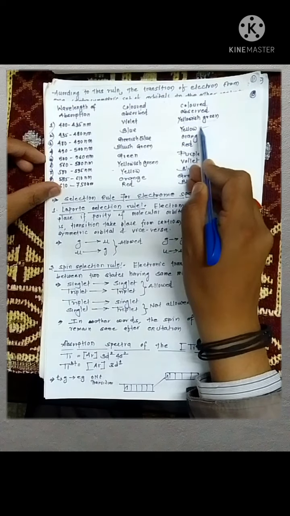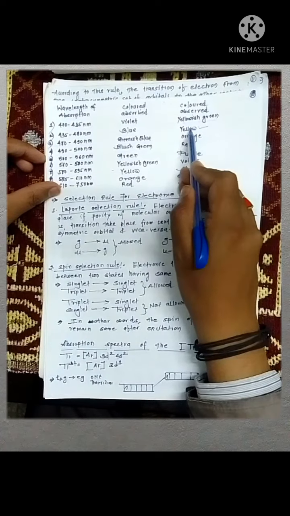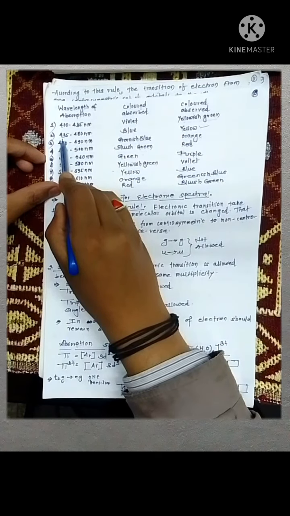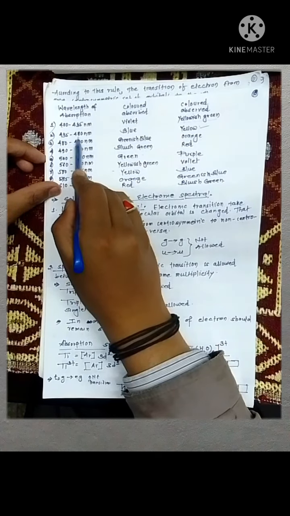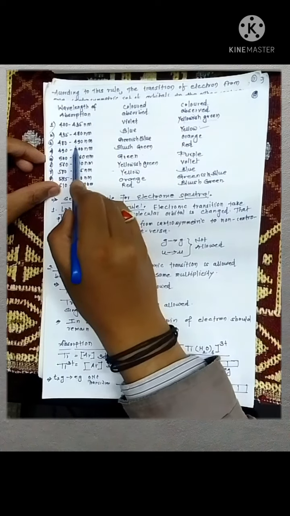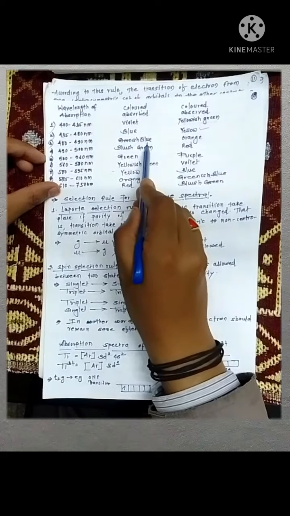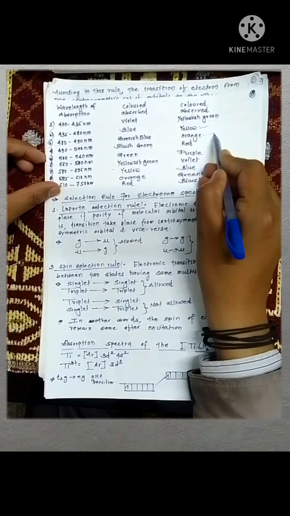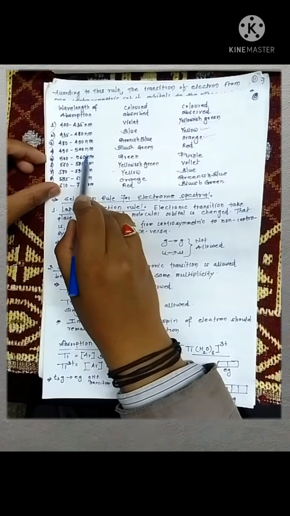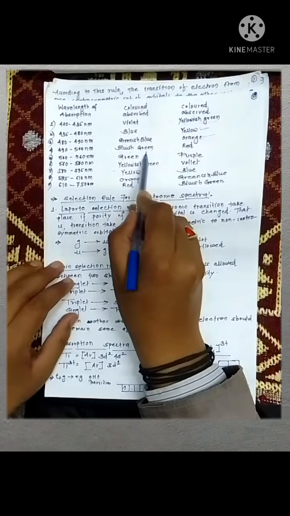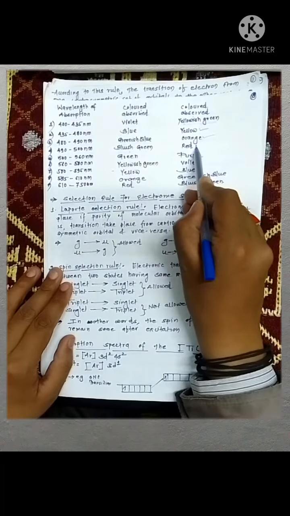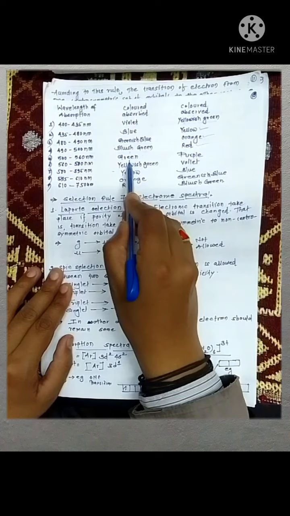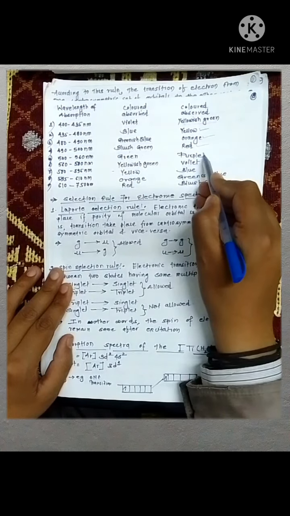When we say this complex looks yellow, that complex basically absorbs the blue radiation in the region 435 to 480 nanometer. 480 to 490 nanometer corresponds to greenish blue color absorbed, and the complementary color seen by the observer is orange. 490 to 500 nanometer, bluish green light is absorbed and the color seen by the observer is red. 500 to 560 nanometer is the region of green light. When green light is absorbed, the color seen by the observer is purple.